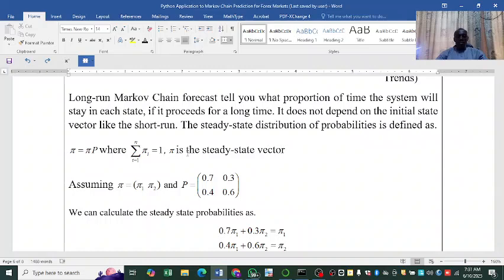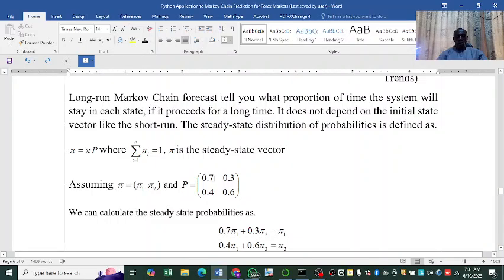P is the probability matrix, that is the matrix of transition probability.